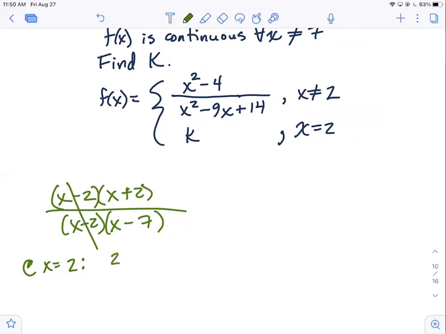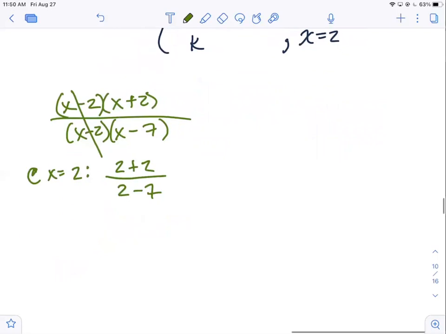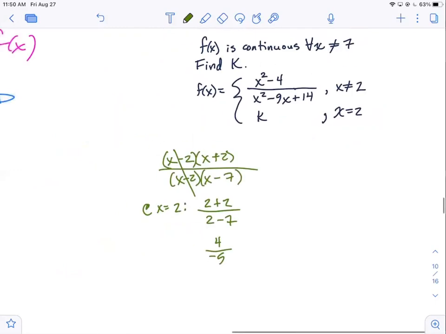So I get 2 plus 2 over 2 minus 7. And that is, if you simplify, 4 over negative 5. So negative 4/5. So what does that mean? That means that the function up there, the top piece, has a hole at the point 2 comma negative 4/5.